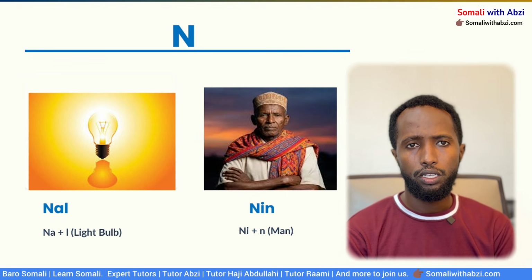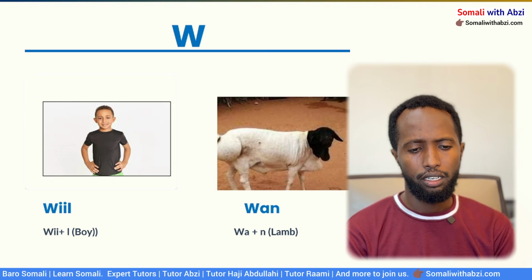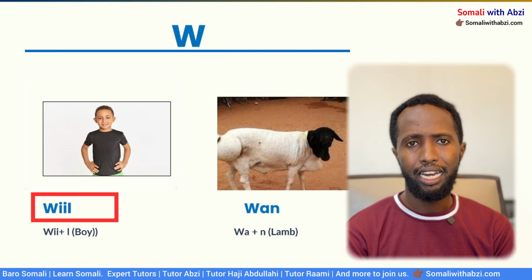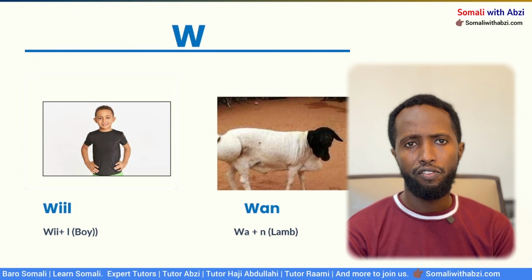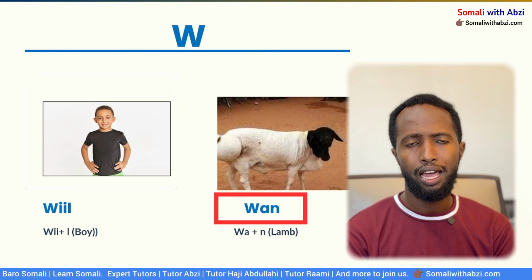The next is na, naag, nin, nin. And we have got the letter wa, like wiil, wiil. And also we have wan, wan, which means lamb. It's not the number one. In Somali we also have wan.